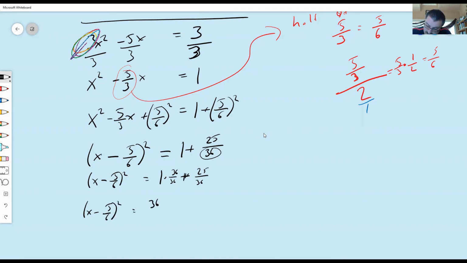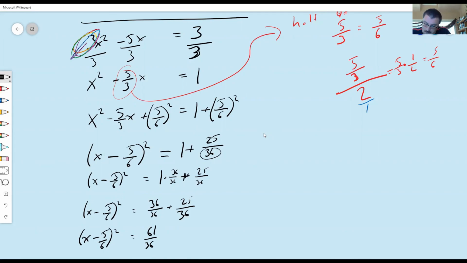So 36/36 plus 25/36. 36 plus 25 is 61/36.